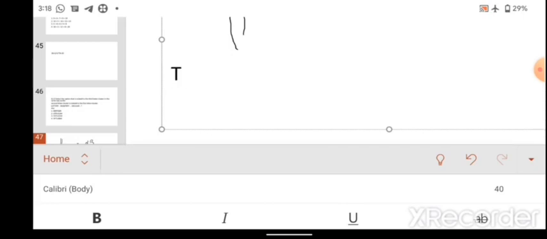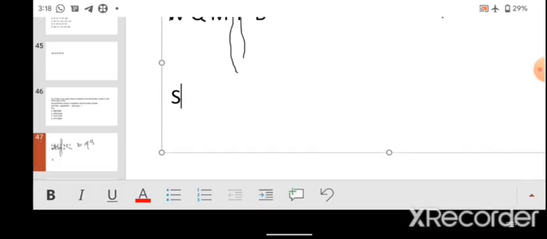So in our question, what is given? It is given secular. S, E, C, U, L, A, R. So we know U will be unchanged. First it will be C. After C it is 3 increase: D, E, F. Then after E, 2 increases: F, G. Then S will have 1 increase, that is T. Then U unchanged.